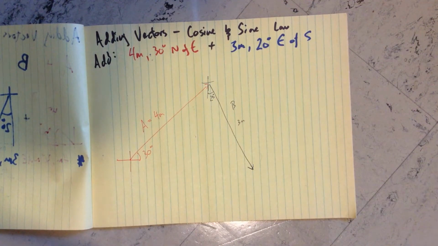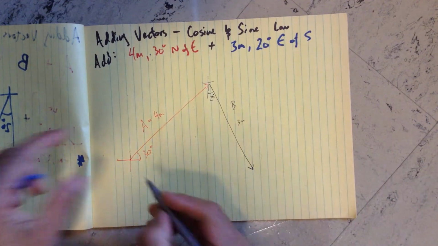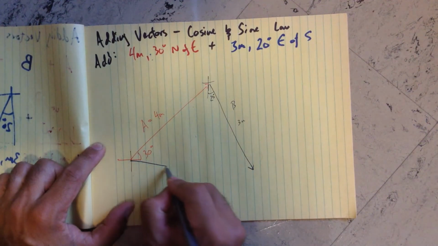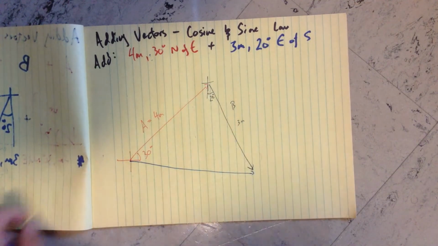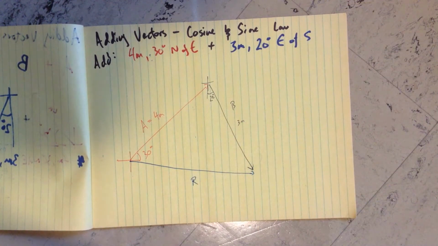So our resultant vector, I think I switched my colors up here, my mistake, but our resultant vector goes from the beginning of A to the end of B. So that's our value of R. We want to be able to figure out the magnitude and direction of that vector.